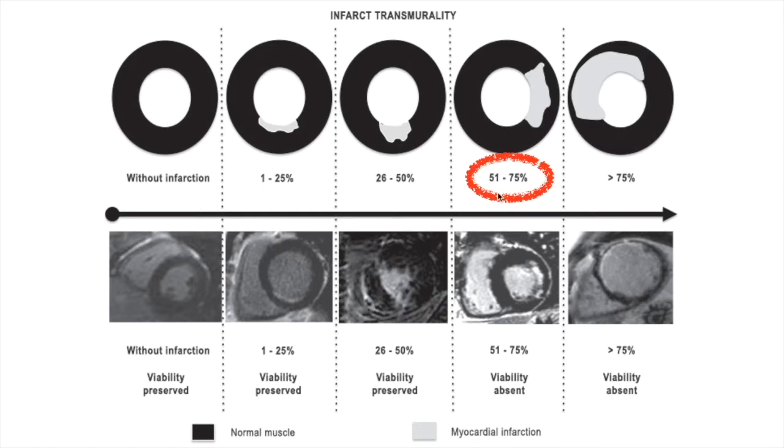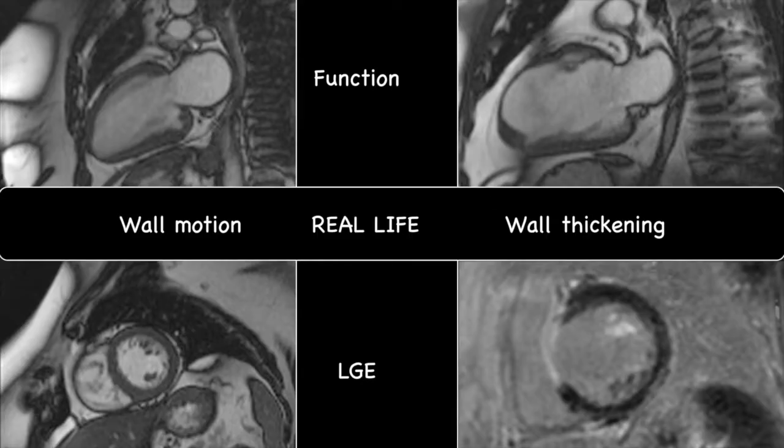Segments which have 51 to 75% of infarction may be viable or non-viable, and it is important to look at the wall motion abnormality of these segments. The segments which have akinetic movement are non-viable with this degree of infarction, while segments which are mildly hypokinetic with this degree of delayed enhancement are considered viable.